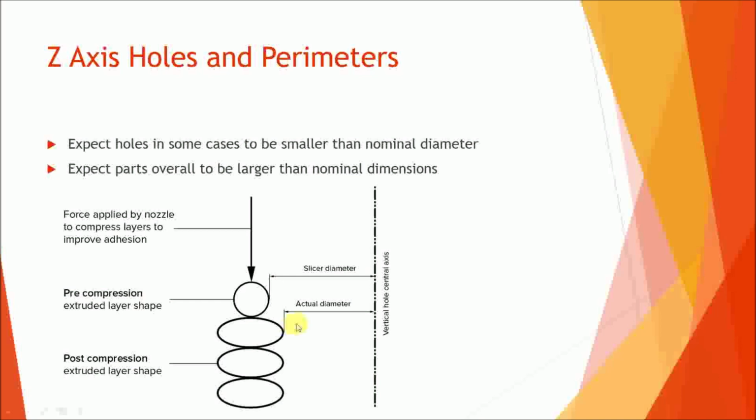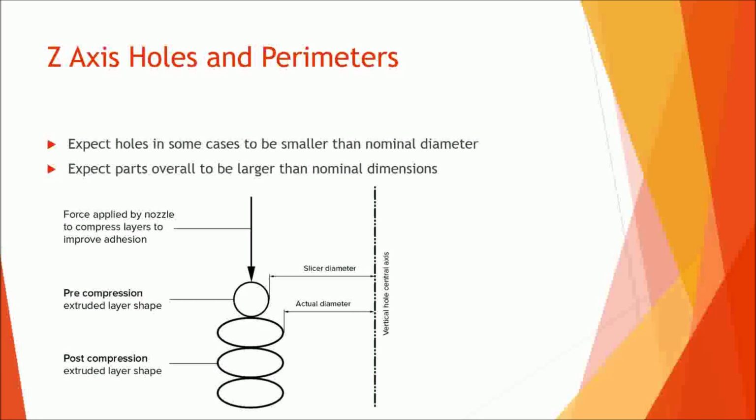And that's something to take into consideration for sure, because if you don't compensate for this, you're going to have a lot of issues with the fitment of parts. One thing that you can do, like I said, is compensate for it in the slicer that you're using.